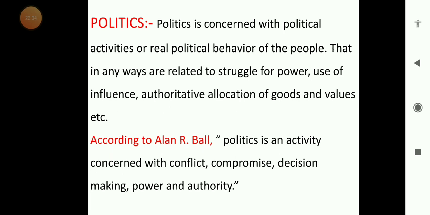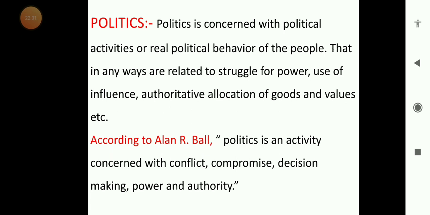According to Alan R. Ball, politics is an activity concerned with conflict and compromise. In it, we study different conflicts of people. Then all conflicts cannot be resolved, so compromises are made, and we study that compromise also. We study decision making also. We study power, where and who wields the power, and we study ultimate authority, who the ultimate authority is.